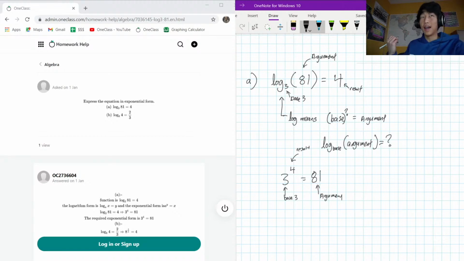And we know this is absolutely right because 3 times 3 is 9. 9 times 3, 27. 27 times 3 is 81. Seems pretty reasonable to me that this is all right.